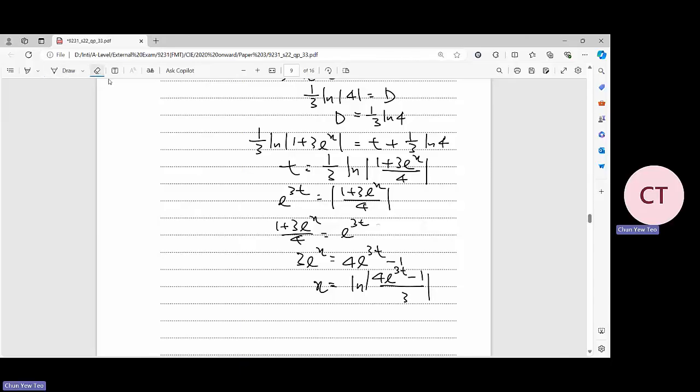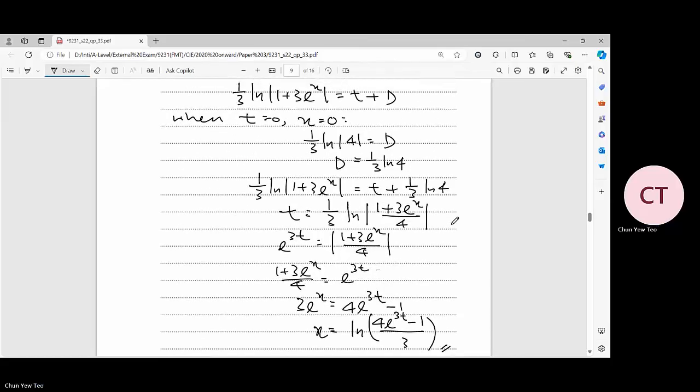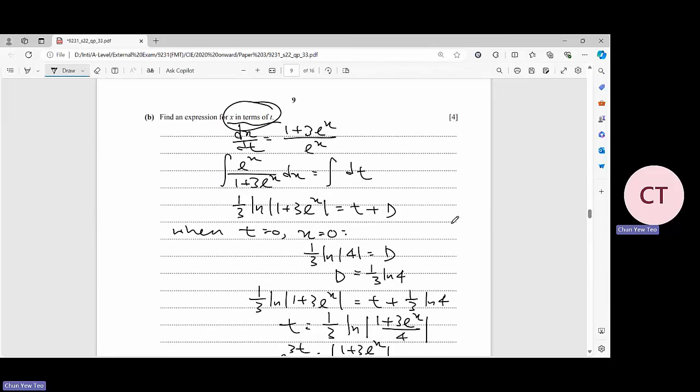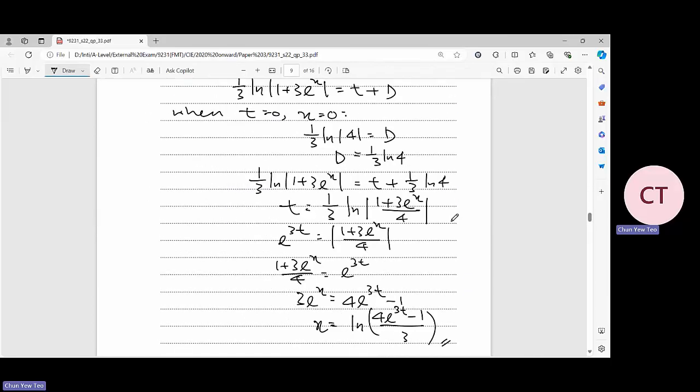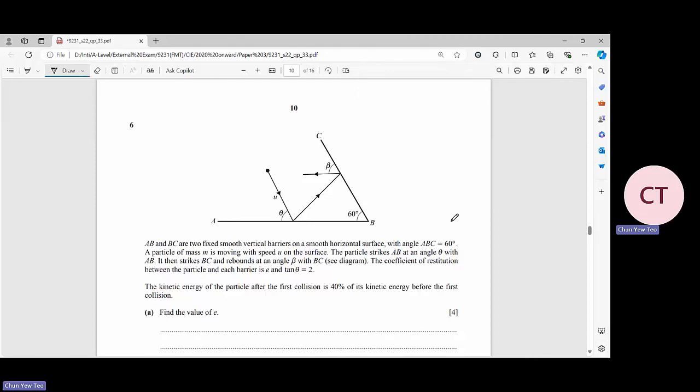No need to put modulus anymore. Just put it like this. Okay, done. That will be the answer for question number 5. Okay, so now we move on to question number 6.